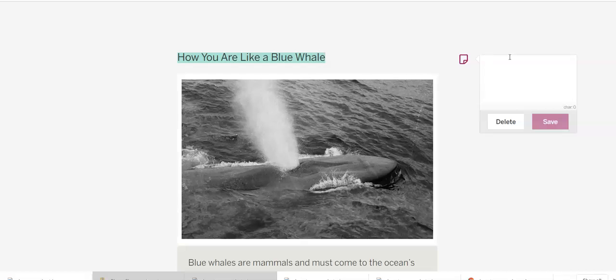So I'm going to put this question: what do me and the blue whale have in common? I'm going to put, we have been talking about bones, right? So I'm starting to think about everything we've been talking about. If we've been talking about bones, maybe this is about bones. That's just a note I'm going to make as soon as I read this.